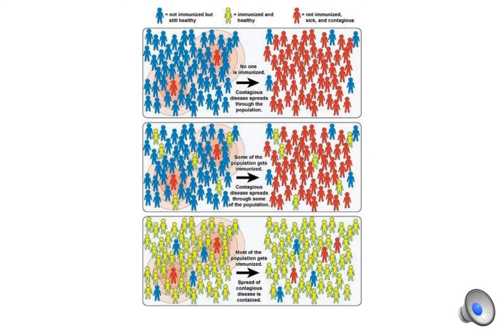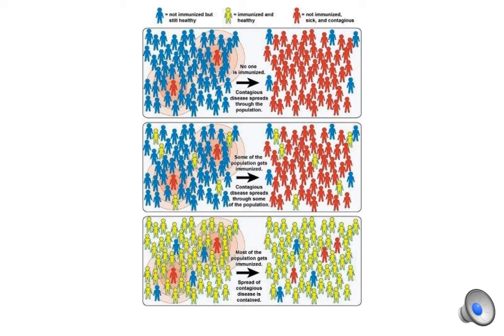This shows it graphically. In the top cartoon, you can see that the blue individuals are not immunized but are still healthy. The red group is not immunized and sick, and the green is immunized and healthy. So in the top cartoon, there are a few people that are ill and nobody's immune, so the infectious disease spreads rapidly through the population and affects nearly everybody.